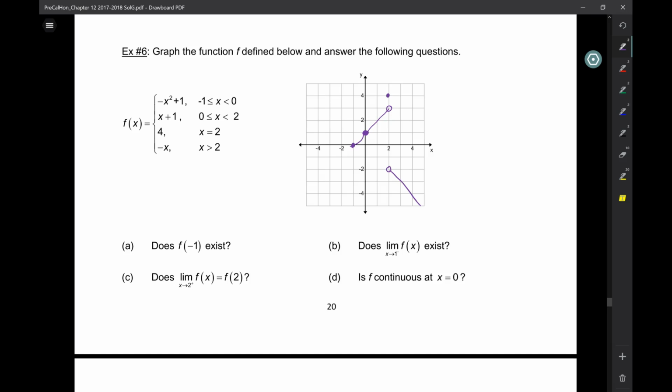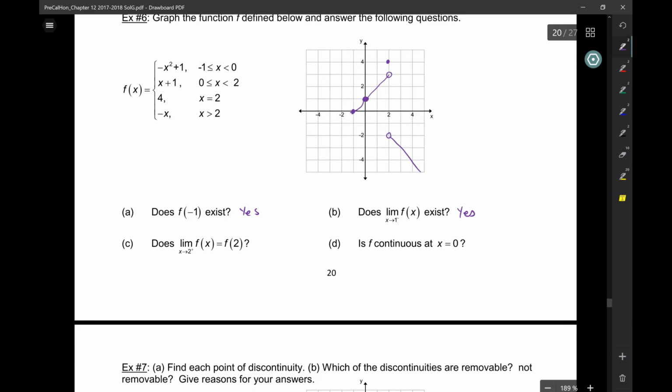Okay? Now, does f of negative 1 exist? Yes. Does the limit as x approaches 1 of f of x from the negative side exist? It exists. 1, not negative 1, 1. Does the limit as x approaches 2 from the positive side equal f of 2?